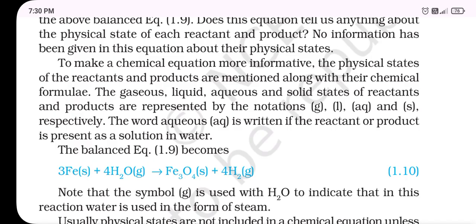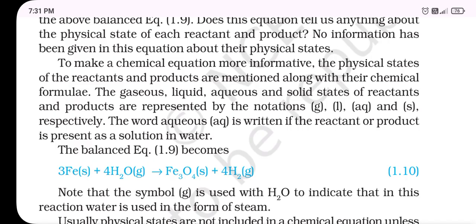The gaseous, liquid, aqueous and solid states of reactants and products are represented by the notations g, l, aq and s, respectively. The word aqueous, aq, is written if the reactant or product is presented as a solution in water.